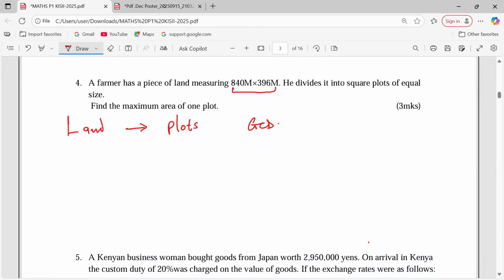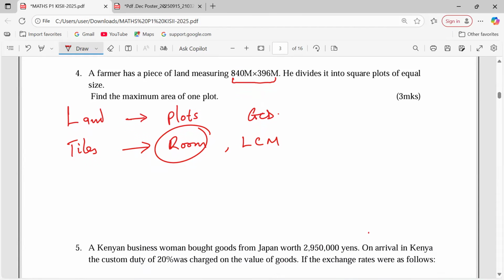Then there is another setting whereby you are given rectangular tiles to cover a square room, and the square room's dimension is not given. Here we find the LCM, because the dimensions of the room should be a multiple of the measurement of the tile.